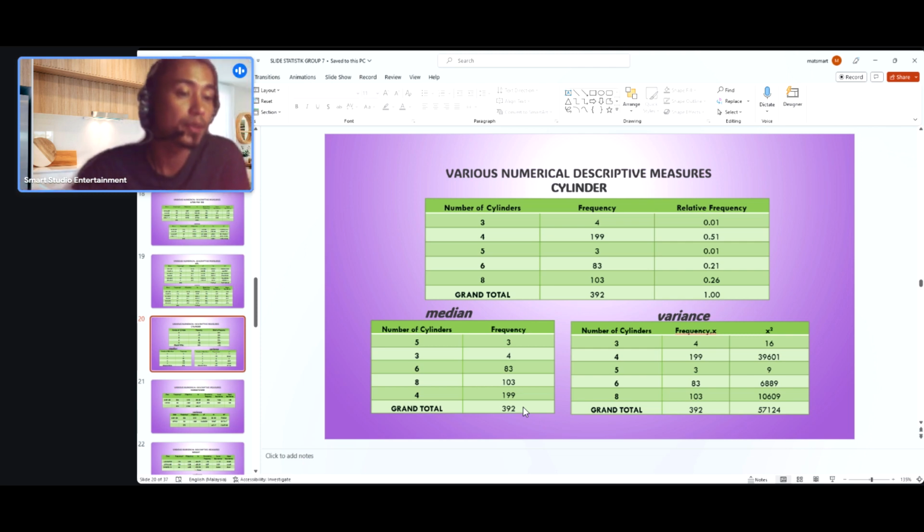For variance, number of cylinders 3, 4, 5, 6, and 8, frequency, FX for 199, 3, 83, 103, and the grand total you get is 390. For X squared you get a grand total of 52,124.